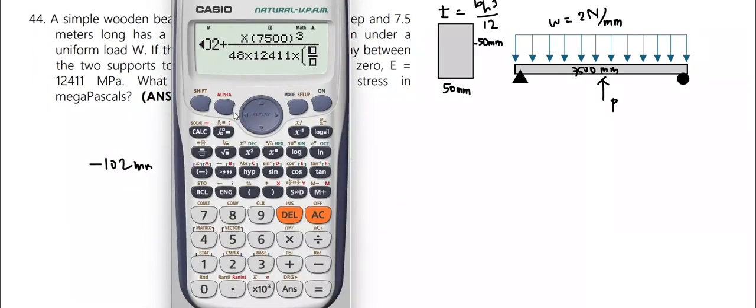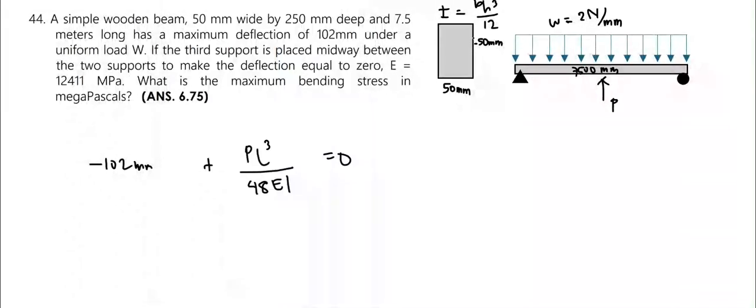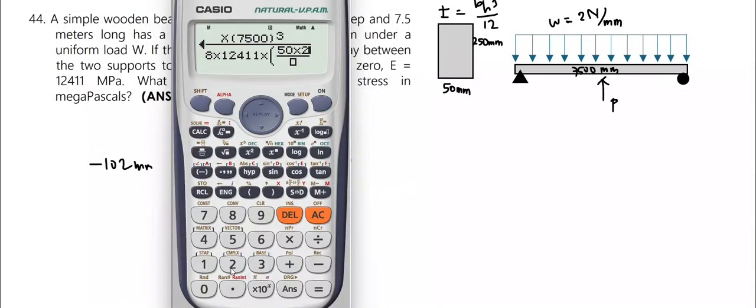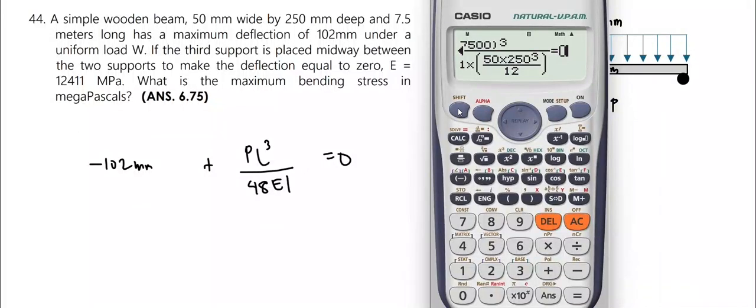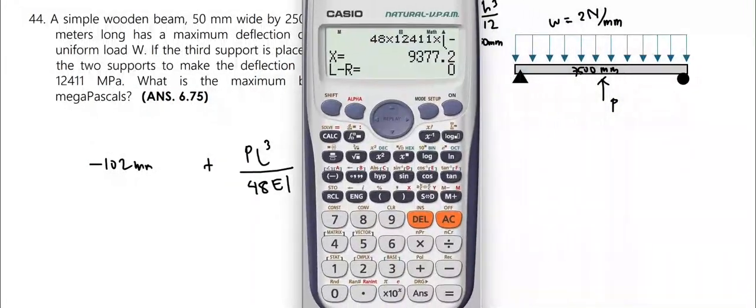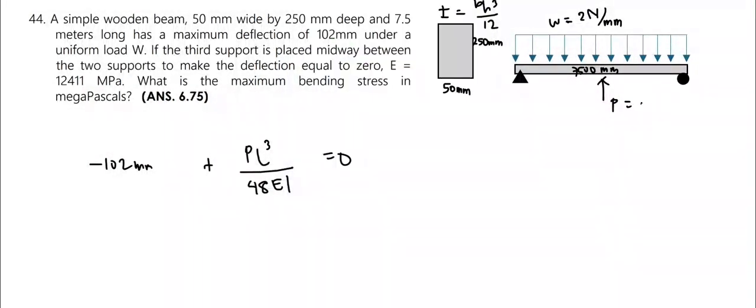We have a base equal to 50 millimeters times a height of 250 millimeters raised to the 3rd power divided by 12, equal to 0. Shift solving, we get the reaction at midspan equal to 9,377.2 newtons.